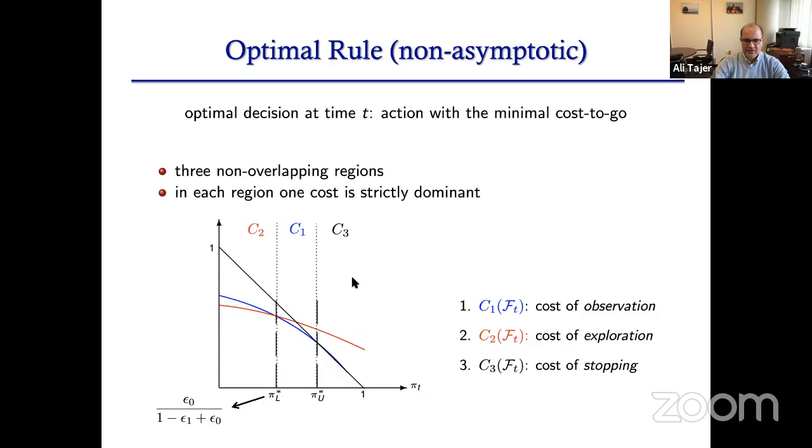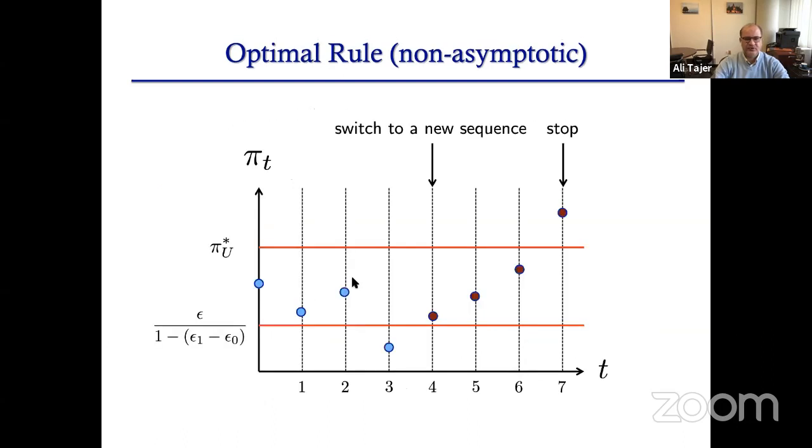So we somehow got rid of computing the values of these functions. All we need to do is to look at pi_t and determine in what part of the range specified by pi_l star, pi_u star, and 1 it belongs. Okay, and then based on that, the algorithm becomes the following: over time we collect samples and based on that we update pi_t.